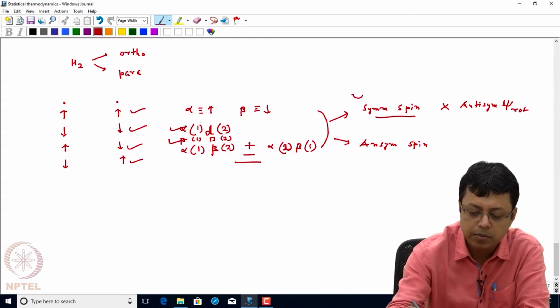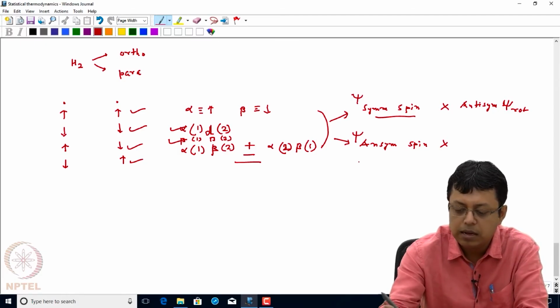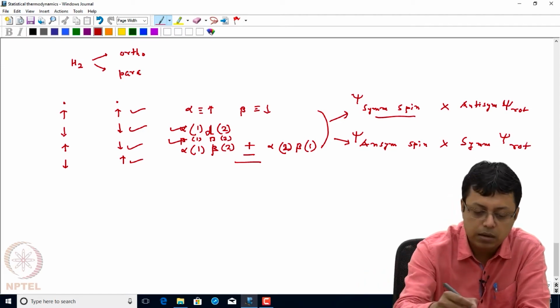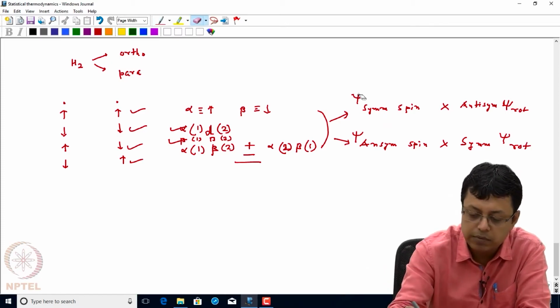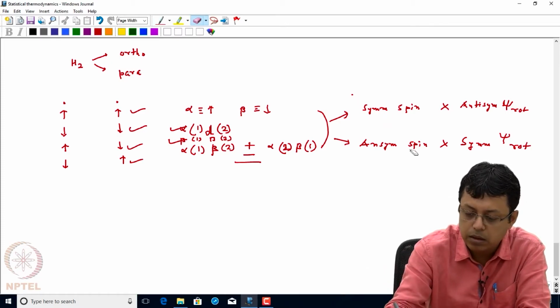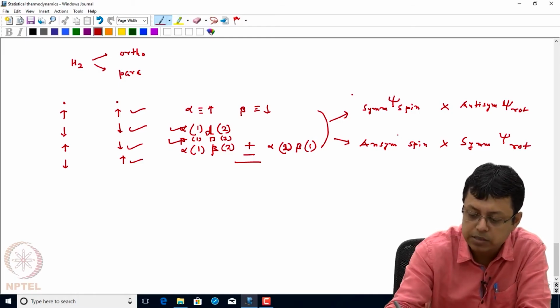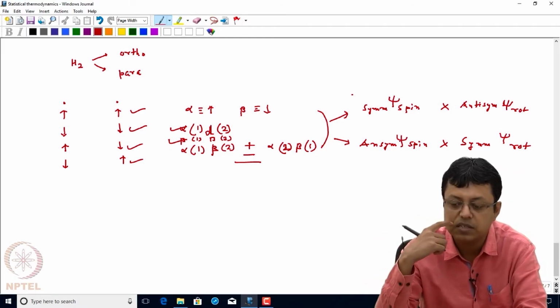And if we have the antisymmetric part of the spin, it will go with the symmetric part of the psi rotation. So we could write it as symmetric psi spin and antisymmetric psi spin, something like that.